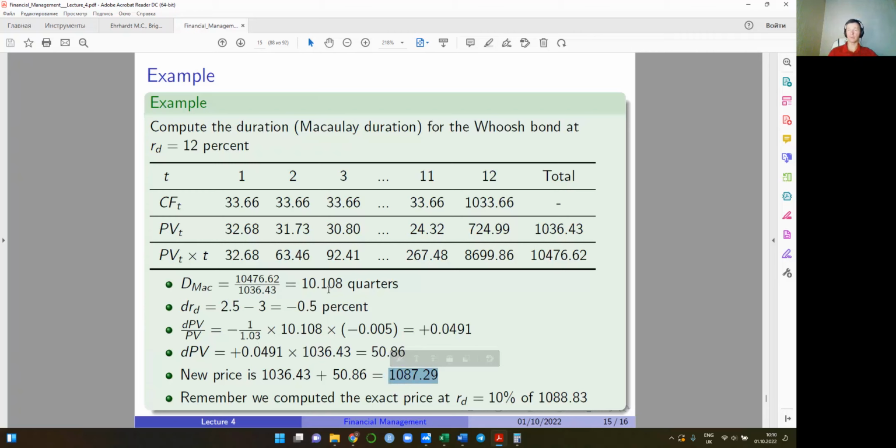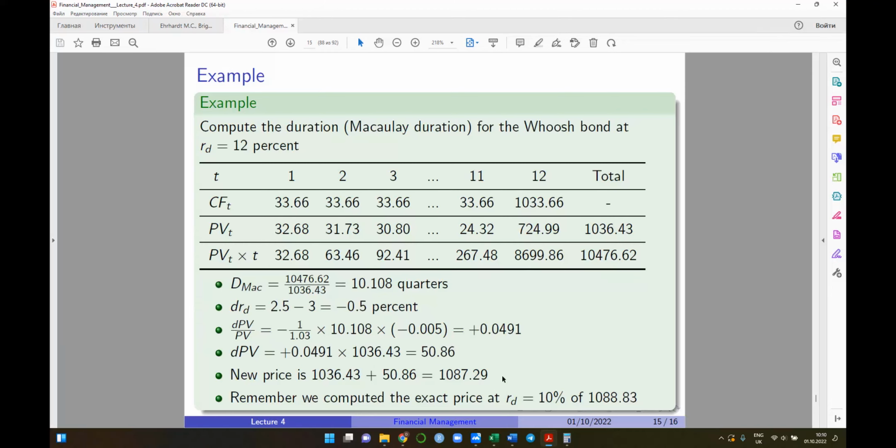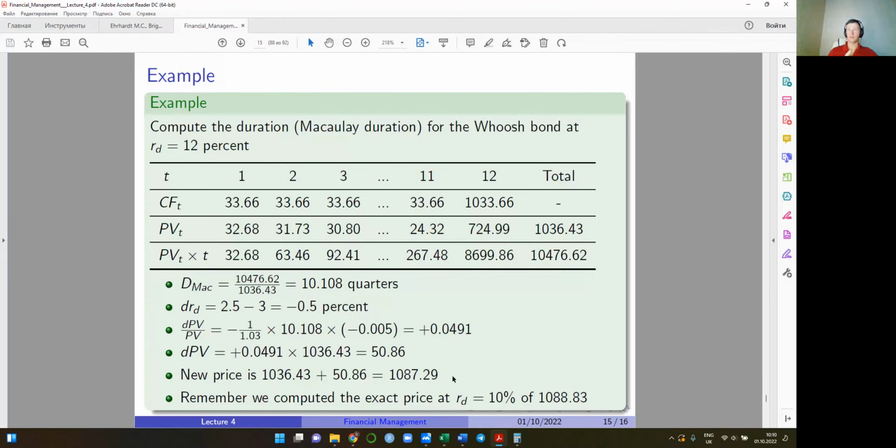So we see that with the help of duration, especially when the duration is reported to you and you know this number from the stock exchange, for example, it is very simple to forecast your new price. But this is going to be an approximation. In reality, the bond price is going to be different, usually slightly higher than the one computed with the duration. Again, if you need to know the exact present value, of course, you need to compute this present value with the new interest rate.